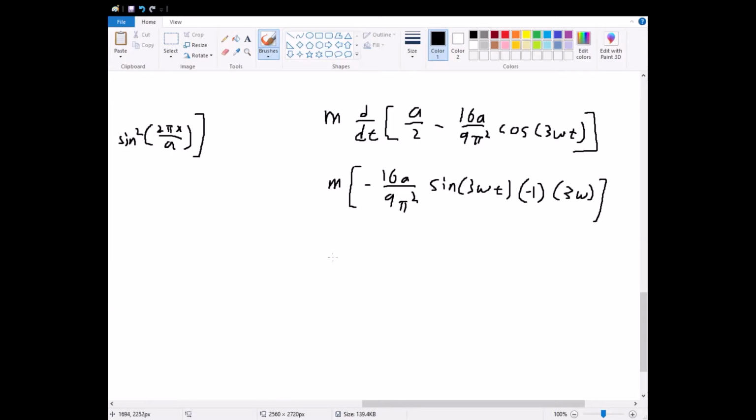So overall, this finally becomes 16 times am times 3 omega times 9 pi squared at the bottom. The 3 cancels out with the 9, so let's just do 16 am omega.